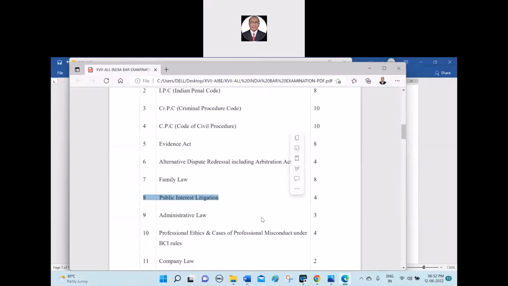I reached late at Moshi, where Kilimanjaro, that hill station, is. So the 9th tomorrow, administrative law, I would like to deal with it. Even though it is 3 marks, doesn't matter. Each 1 mark will create the difference. Am I right? Yes, sir.